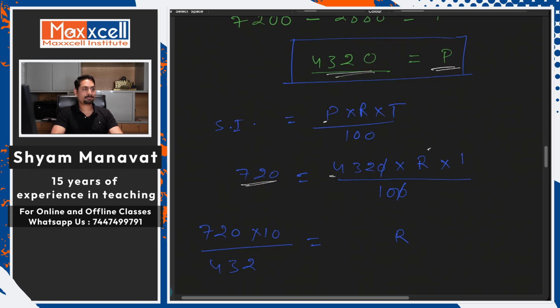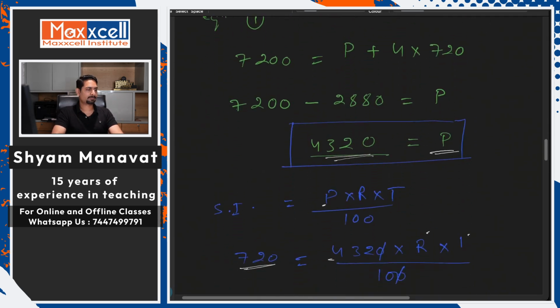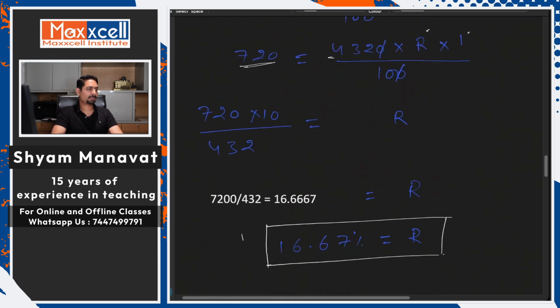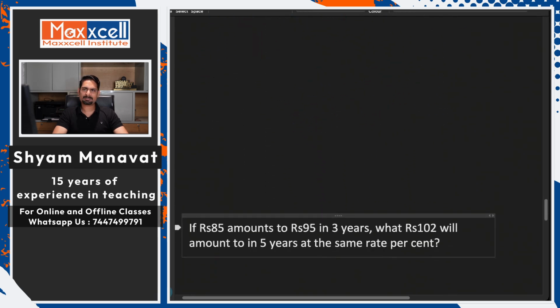Rate of interest we need to find out, and time will be 1 year because 720 is the interest for 1 year. Then simplified, we got the rate of interest to be 16.67%. If you still find this difficult to understand, you can always reach out to me, no problem, we can discuss that. But that's pretty simple, no?